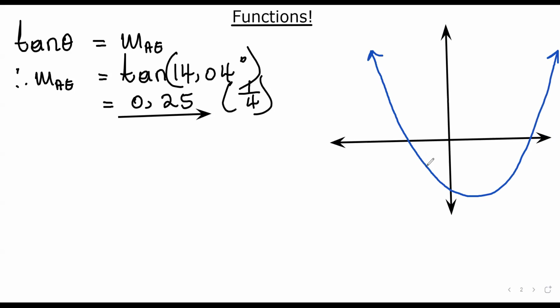And then here we are going to have the point T. But before we have the point T, we have a straight line, which we call AE. So here we are going to have a tangent, and we know that a tangent touches the curve at one point only.